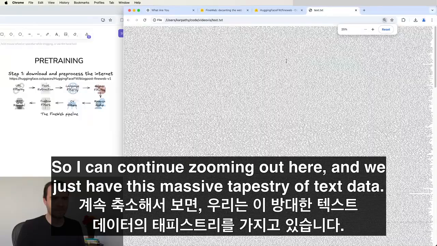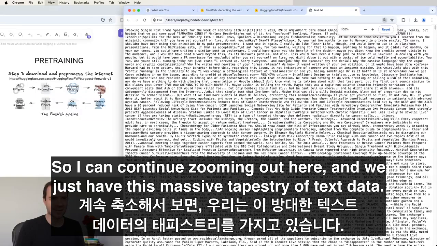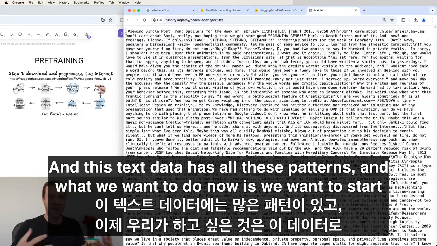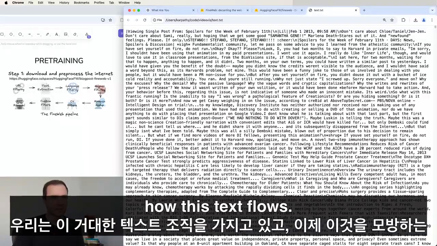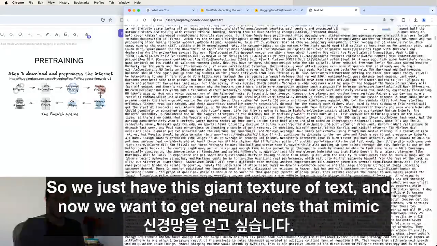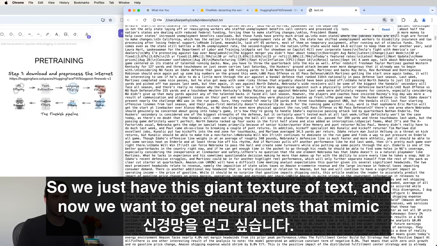And we just have this like massive tapestry of text data. And this text data has all these patterns. And what we want to do now is we want to start training neural networks on this data so the neural networks can internalize and model how this text flows, right? So we just have this giant texture of text. And now we want to get neural nets that mimic it.